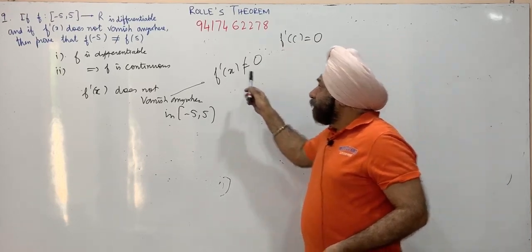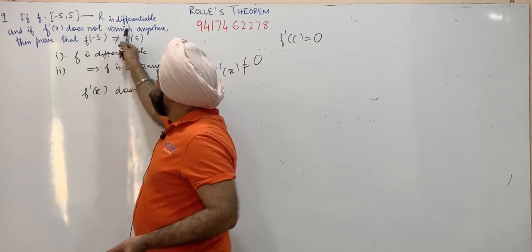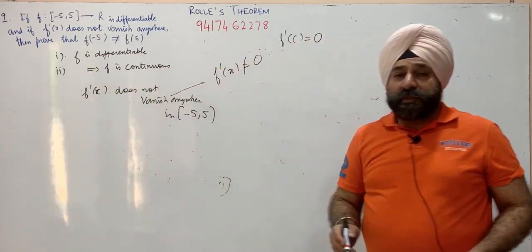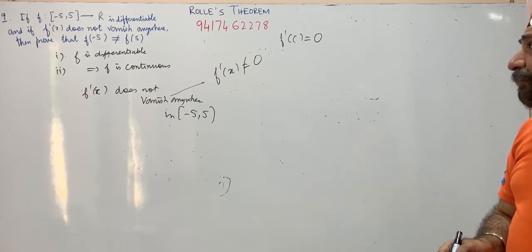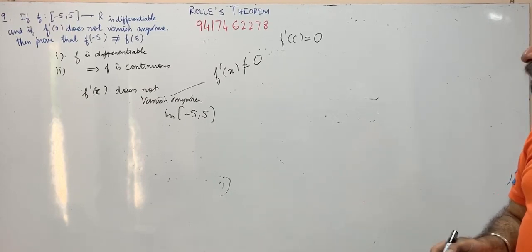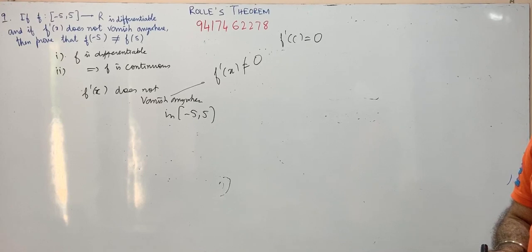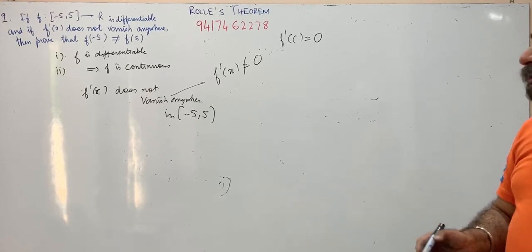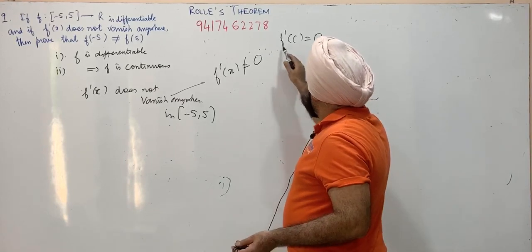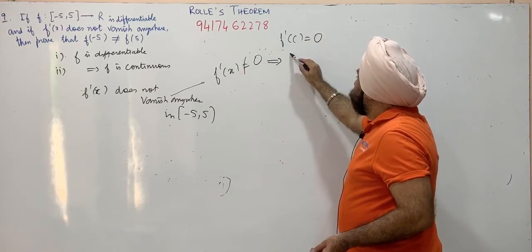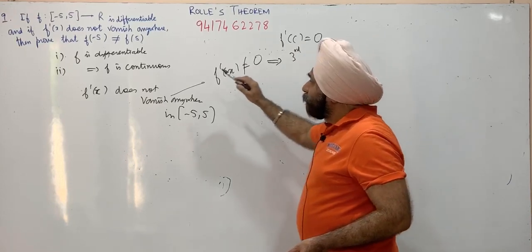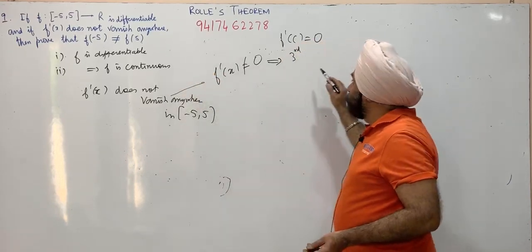So why this is not happening? Why derivative is not vanishing anywhere? The reason for this is that the third condition of Rolle's theorem, that is f of a equal to f of b, this function doesn't satisfy that. So f dash of c here is not equal to 0. This implies the third condition, because we know the first two conditions are satisfied by the function.